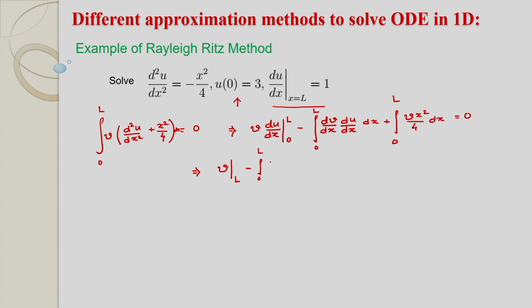So, we can write the remaining part. Now, we can write in the form of A(u,v) = l(v).